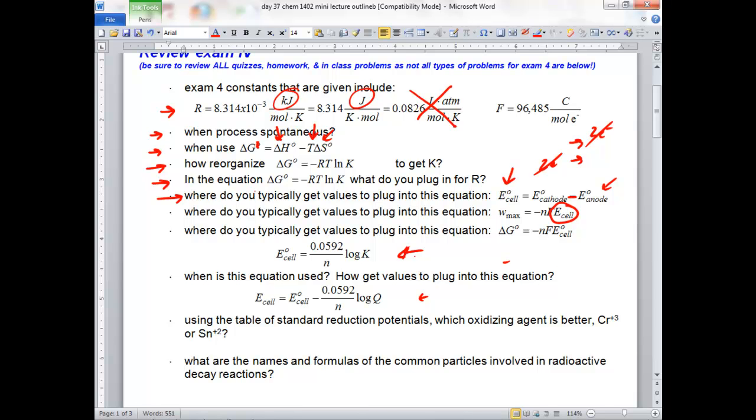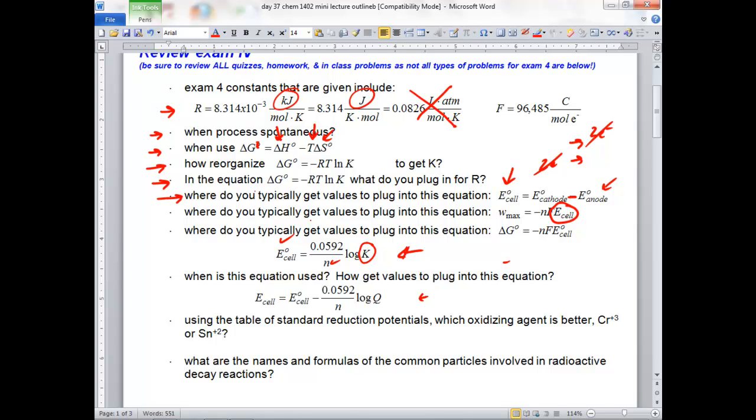Right, if you want to solve for K, you find little n, you find E0 cell from the tables, you got to rearrange this to get K. At the very last step, you end up raising both sides to the 10, because it's log, right? That would be your last step.